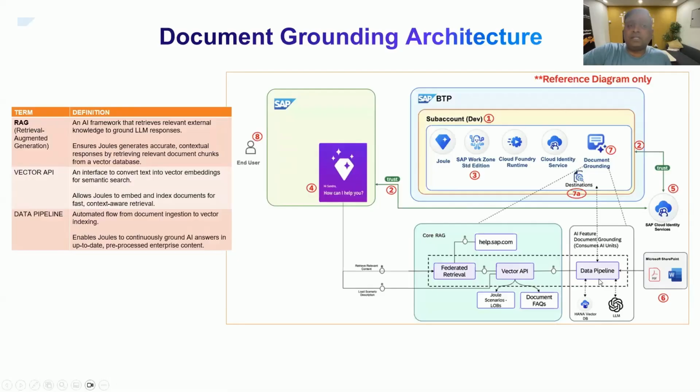These data pipelines are nothing but a location of a site or a folder where the data needs to be fetched from. Once that's there, this data is read and used to retrain the large language model that is sitting in the background of this particular tool, using various technologies like retrieval augmented generation or vector APIs, and it becomes available to the end user via SuccessFactors and Joule's portal.